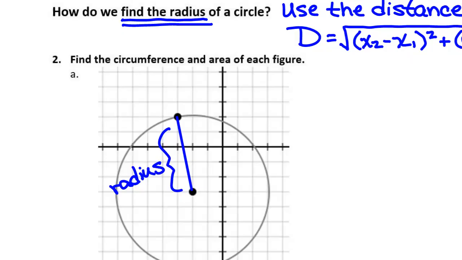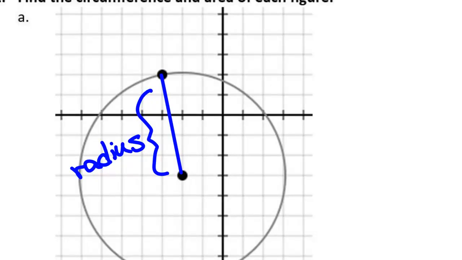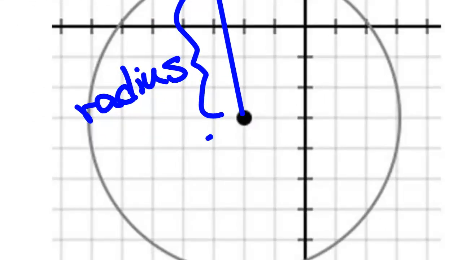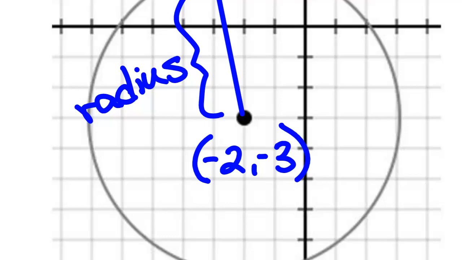I need the ordered pairs for that so that I can use it with my distance formula. We can see where the origin is right here. What would the ordered pair be for the center? -2, -3. -2, -3 is going to be the ordered pair for the center there. And what about for this point that is on the circle?